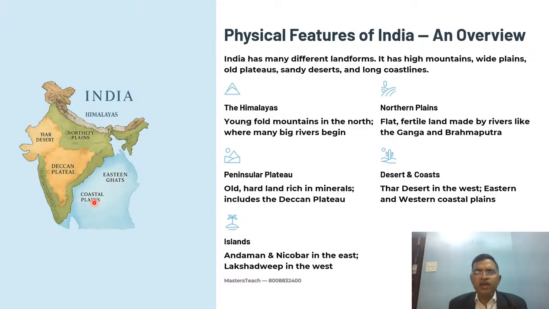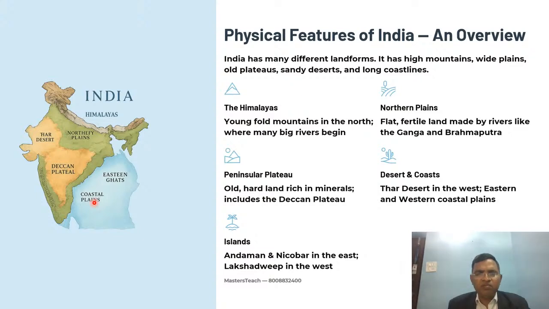So India has many different landforms. It has high mountains, wide plains, a plateau, a sand desert, and a long coastline. India is bordered by the Himalayas in the north, the youngest mountains in the world. They are fold mountains in the north, where many big rivers begin, like the Ganga and Yamuna. Then the northern plains, which are very flat and fertile land made by rivers like the Ganga and Brahmaputra.